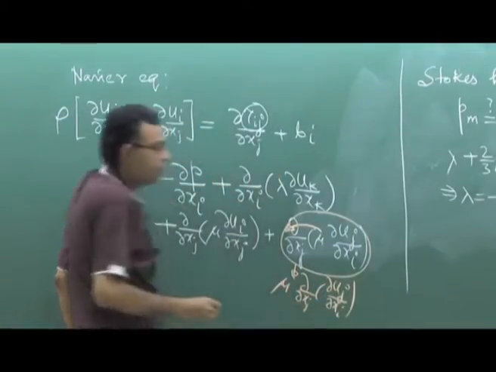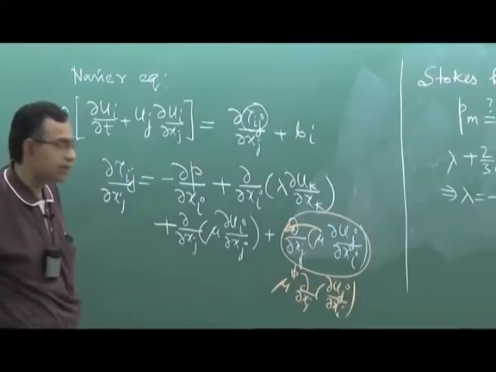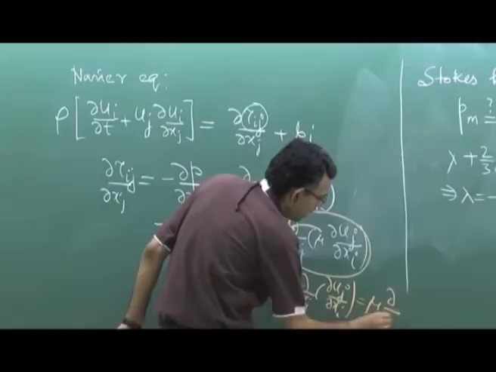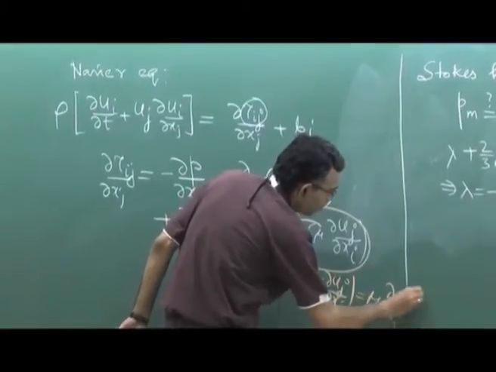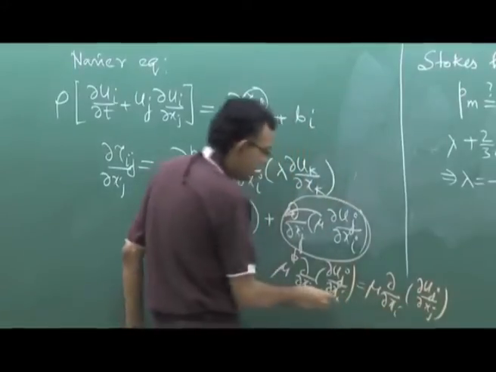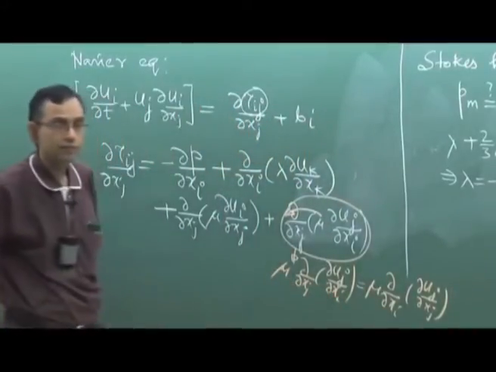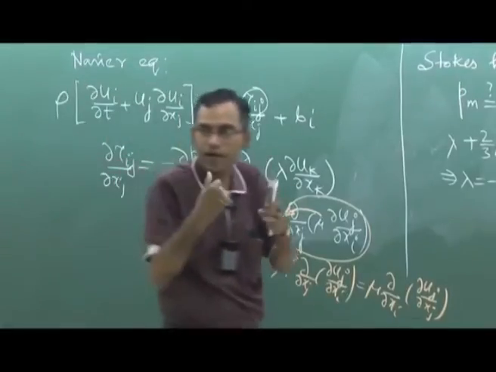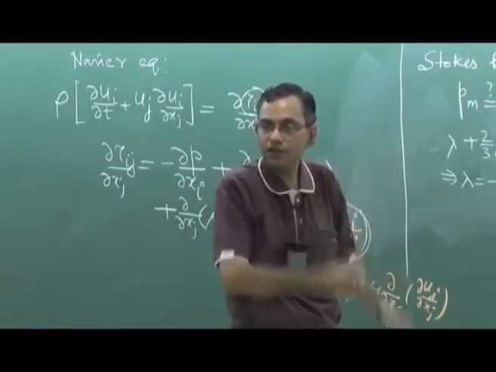If the second order partial derivative is continuous, then this is as good as mu del del xi of del uj del xj. We swap this xi and xj, because for continuous partial derivative it does not matter with respect to which you differentiate first.